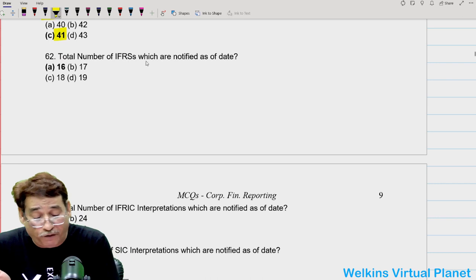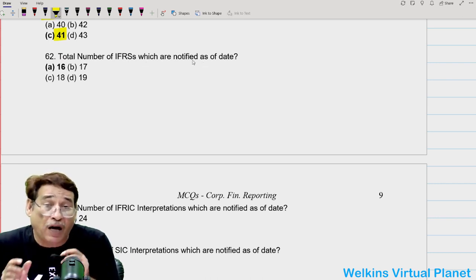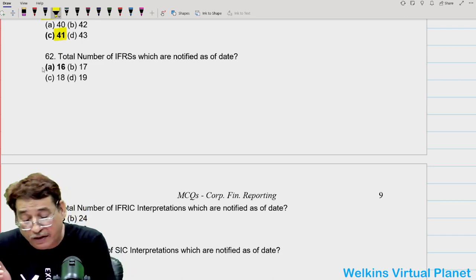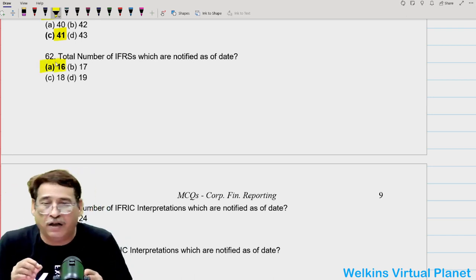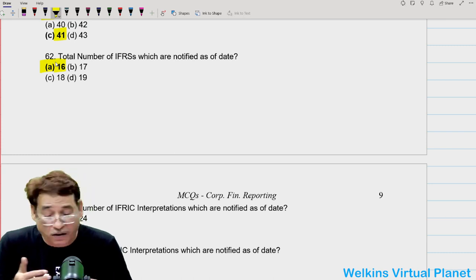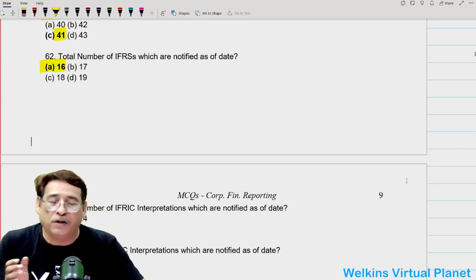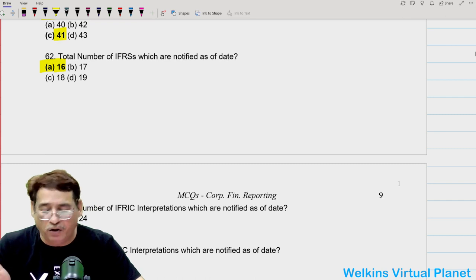And total number of IFRS which are notified as of date. Total number of IFRS at this particular moment is 16. 17 is under consideration. 17 is related to insurance, but a lot of work is still going on. It is not yet notified, but the moment it is notified, then it will be 17.